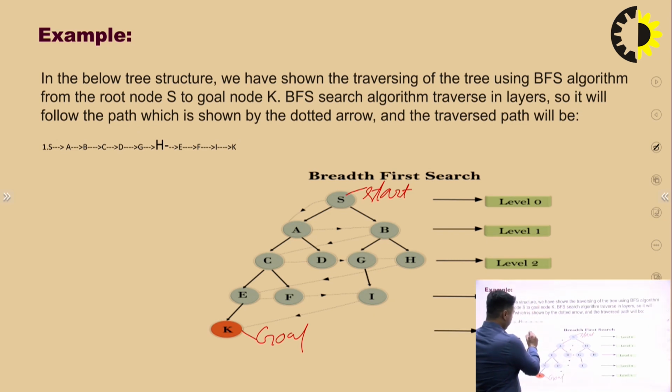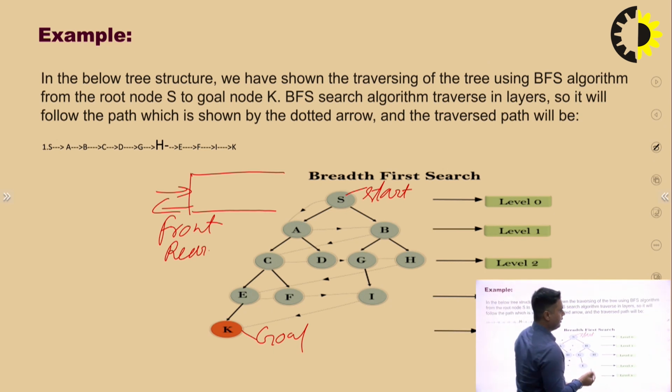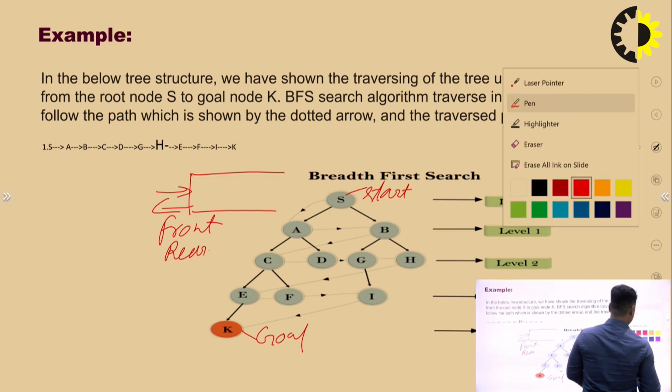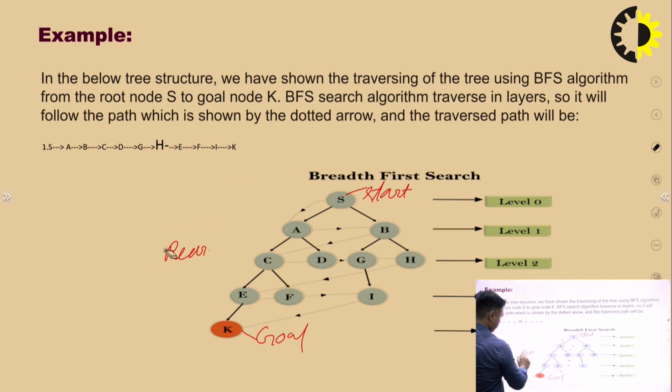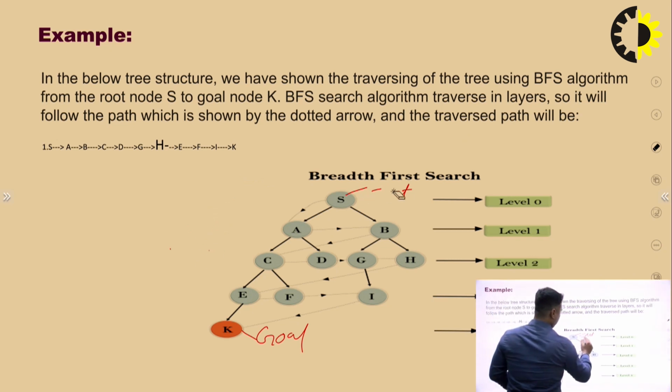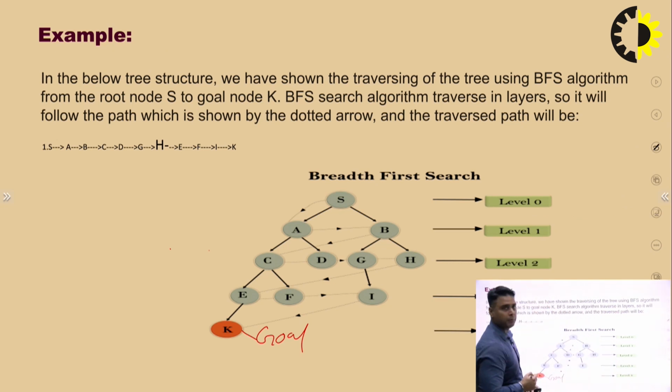In a queue, one is the entry part and another is the out part, that is, one is the front and the other is the rear. Through the rear I enter nodes, and through the front end I delete nodes.